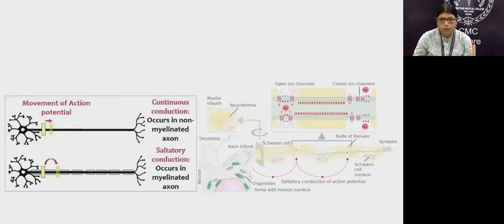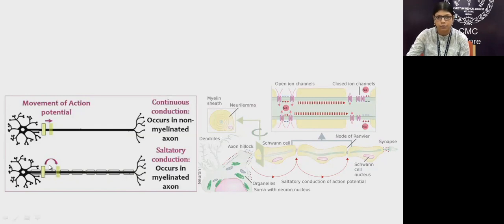Now, before going into the various disorders, the conduction of the nerve impulses from the cell body throughout the axon to the neuromuscular junction goes via two processes. One is continuous conduction, and the other one is saltatory conduction. So all the myelinated axons will have saltatory conduction.